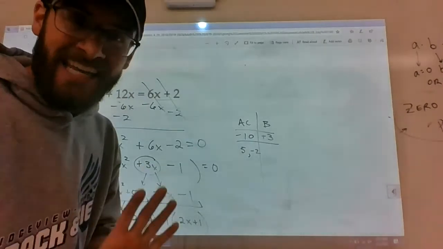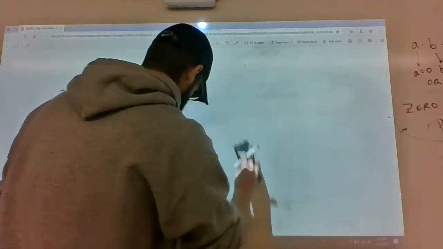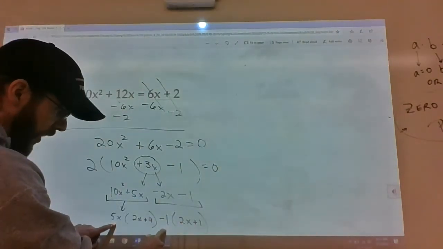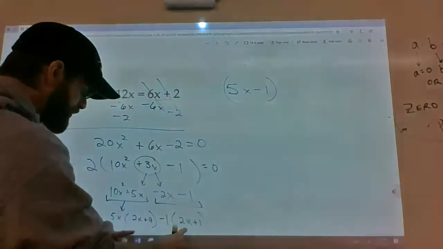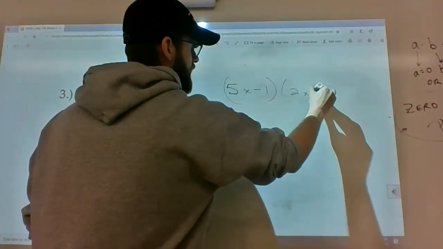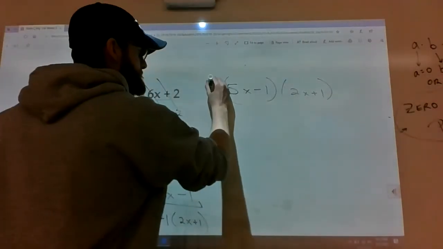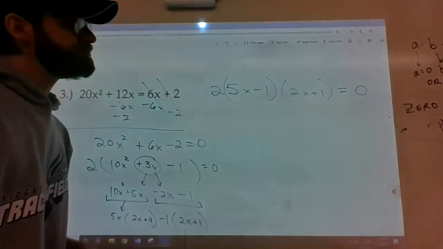So here's what happens. It culminates into 5x minus 1 times 2x plus 1, and then there's a 2 on the outside here. And that whole thing equals 0.